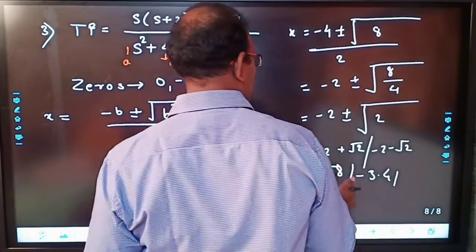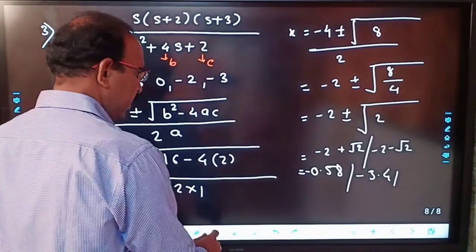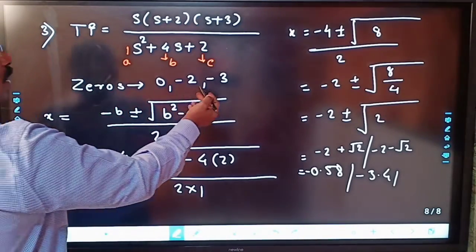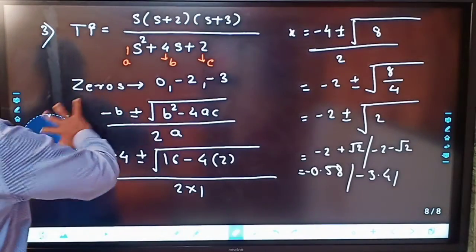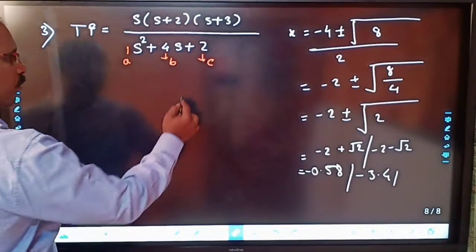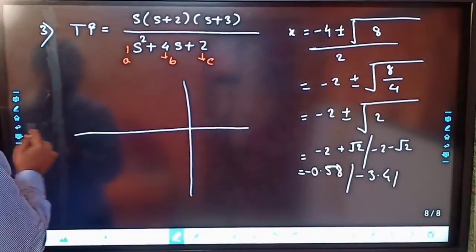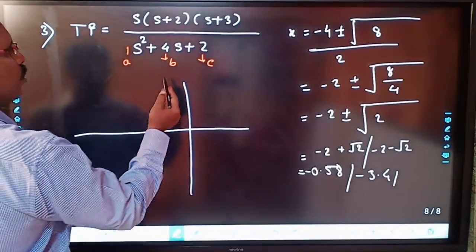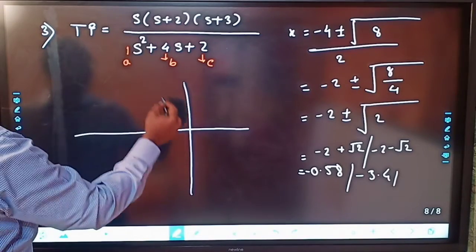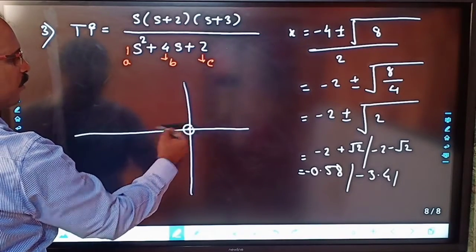So now how to draw this? We got two roots, correct, and zeros. So here it's very easy to draw. Now suppose I remove this, here I can draw. So two roots we want, correct. Poles, zeros. Where are the zeros? Zero will be at 0.